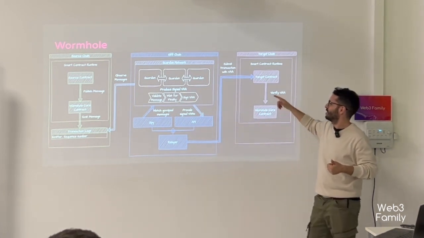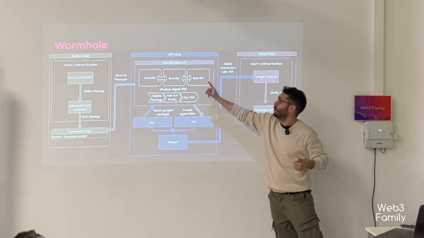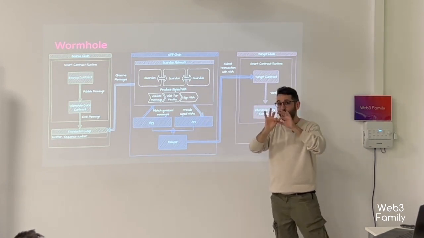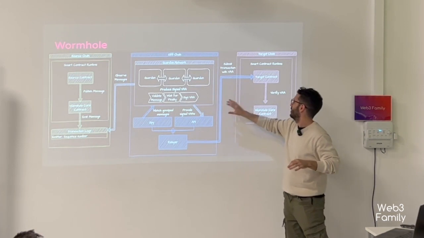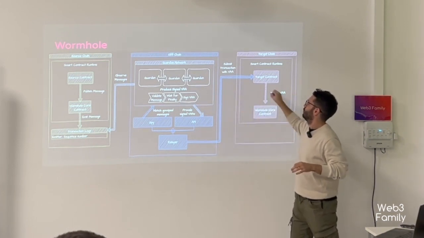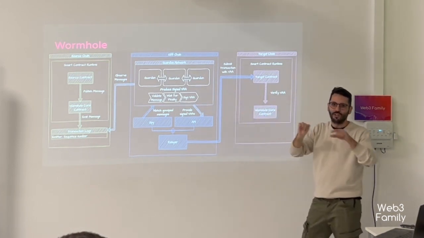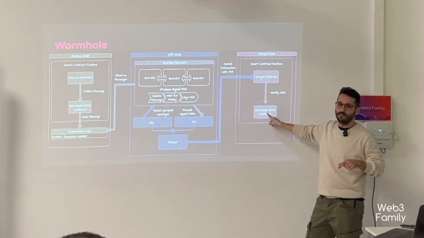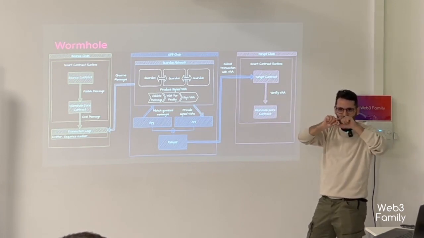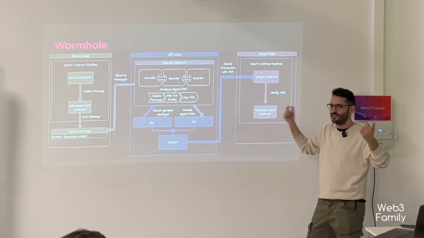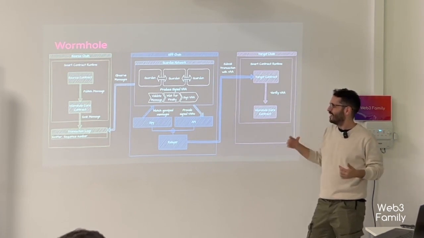So you say, okay, send it. And when Wormhole generates the cryptographic proof, you can get it and put it on this chain. You call a function on this program, and as an input, you add this verified proof, and you get your Pepe on the destination chain.